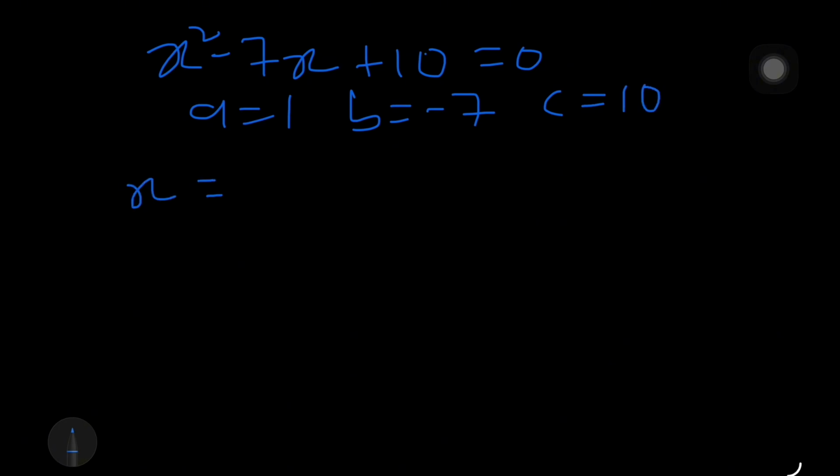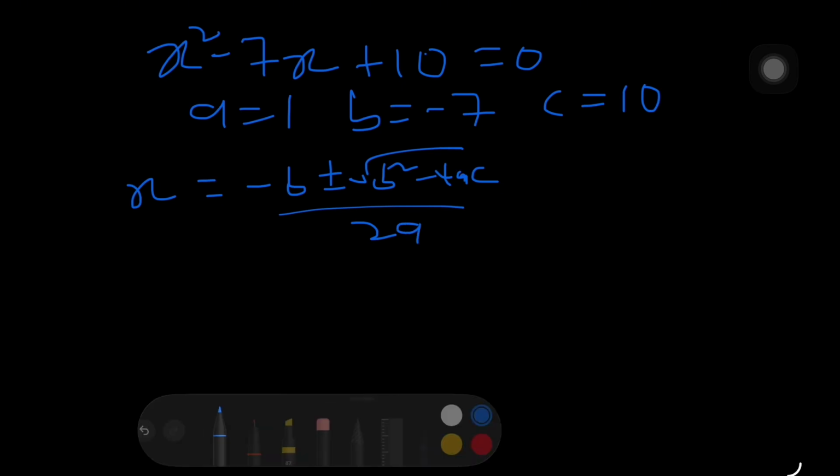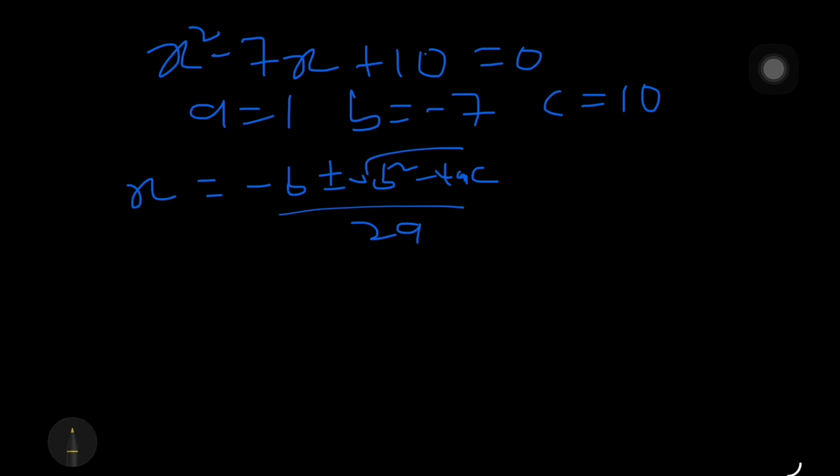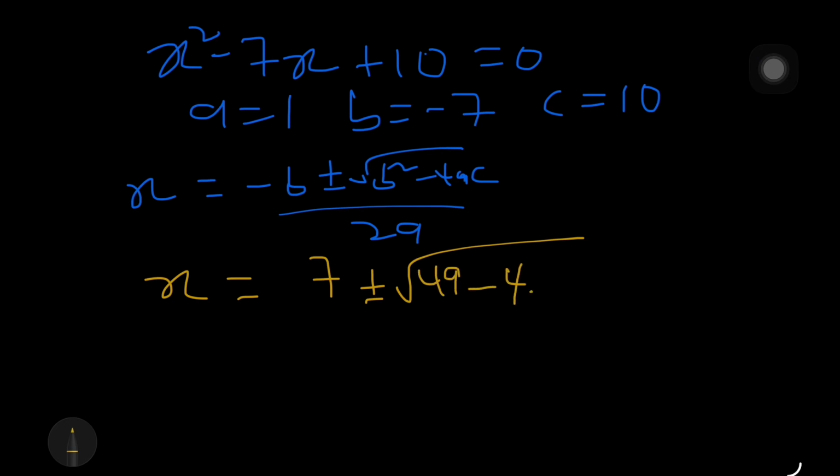So x is negative b plus or minus square root of b squared minus 4ac all over 2a. We just do a substitution. x is equal to negative of negative 7 plus or minus square root of b squared. Negative 7 squared is 49 minus 4 multiplying 1 multiplying 10, all divided by 2 times 1, which is 2.